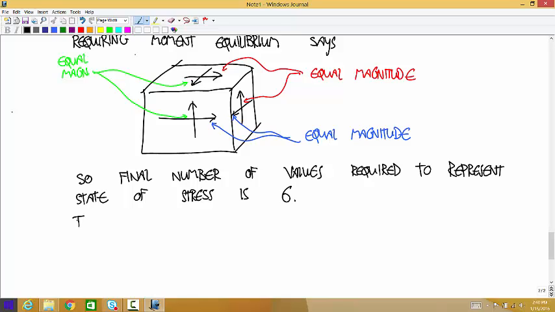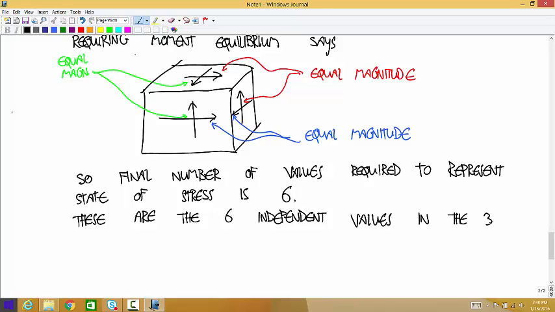And these are the 6 independent values in the 3 by 3 matrix that defines the stress tensor.